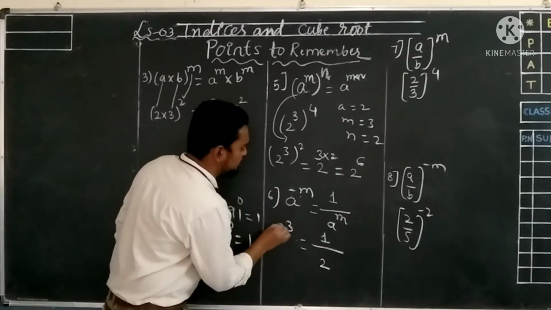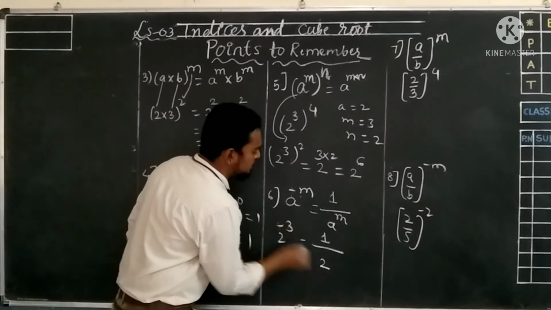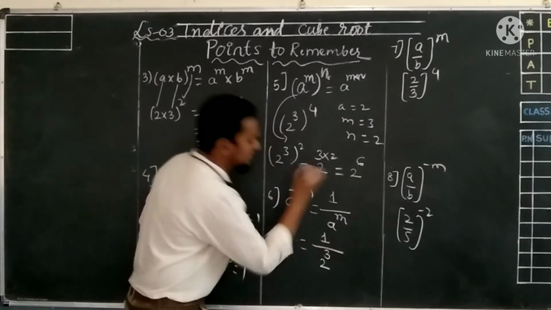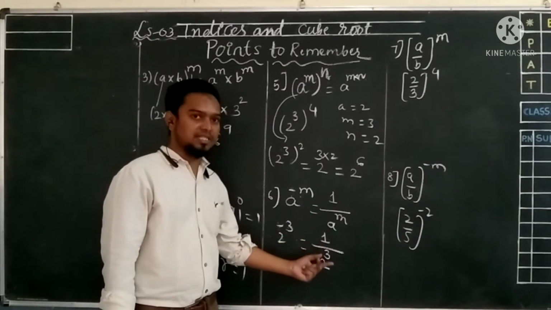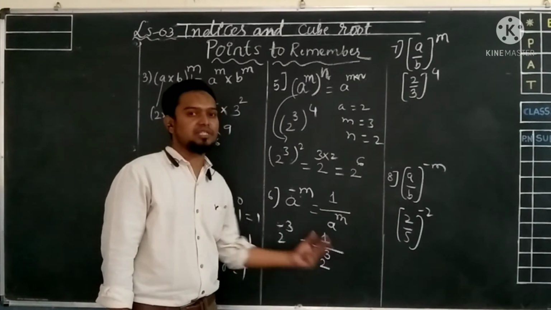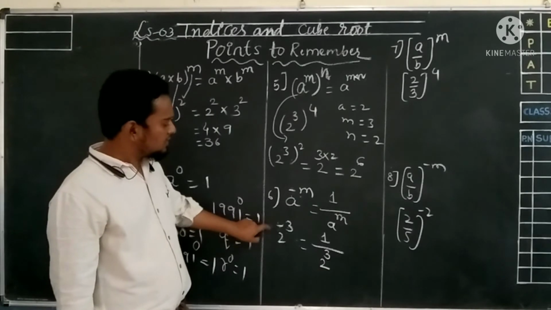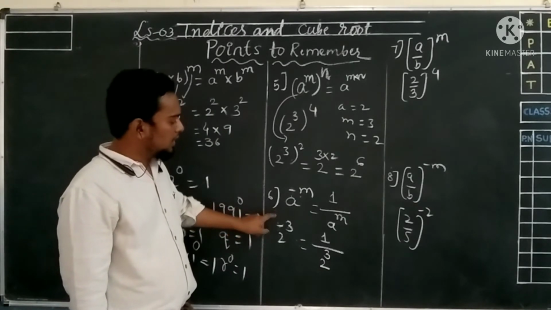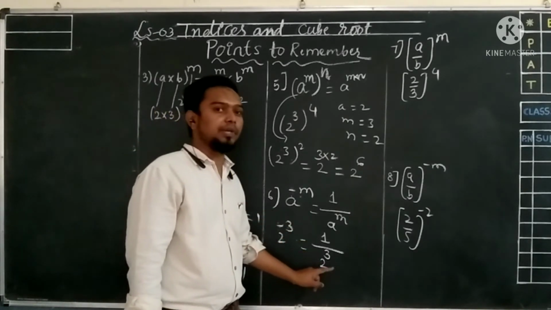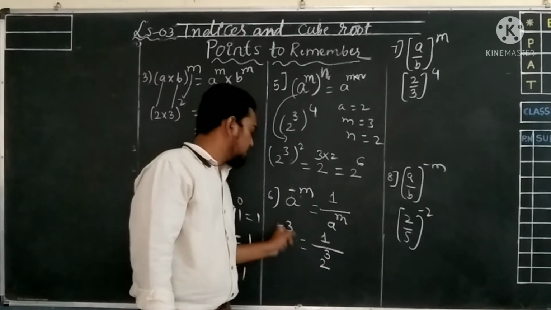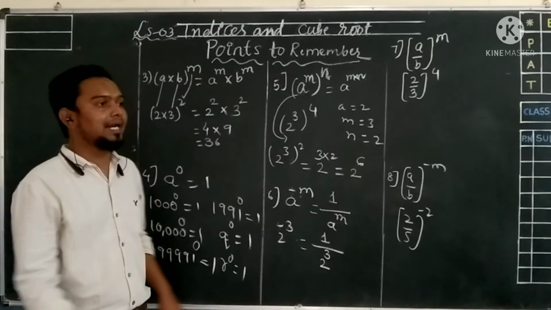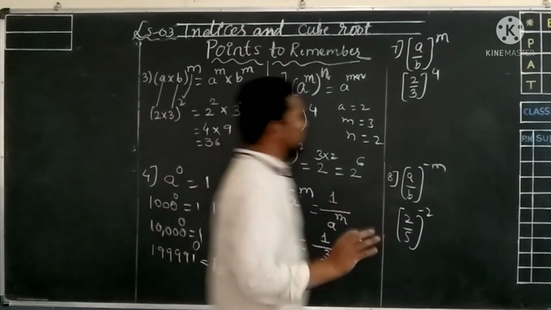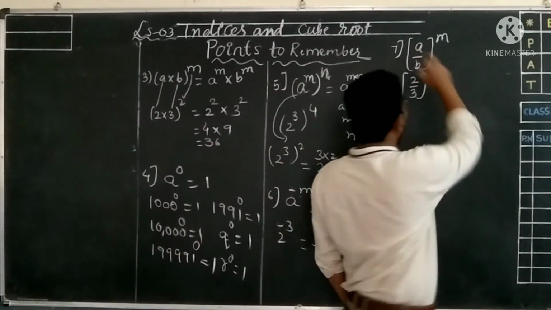The sign change means here minus 3 becomes plus 3, because when their position changes, their sign also changes. Here it is in the power, here it is in the denominator. Here it is in the numerator, now in the denominator. Reciprocal or opposite.